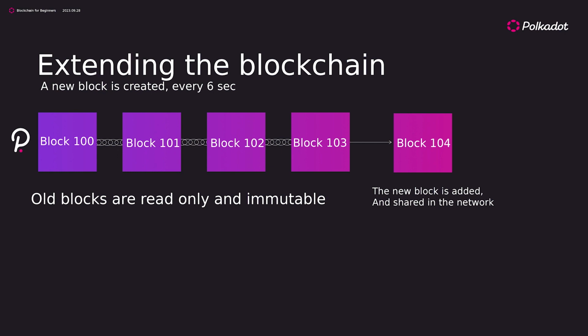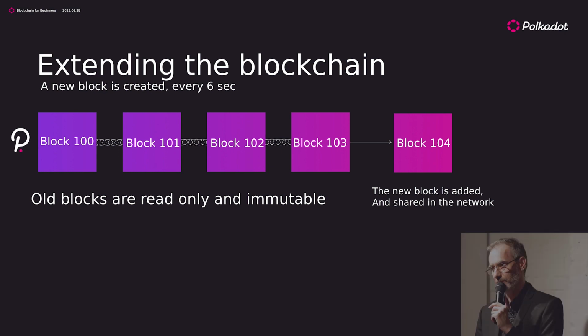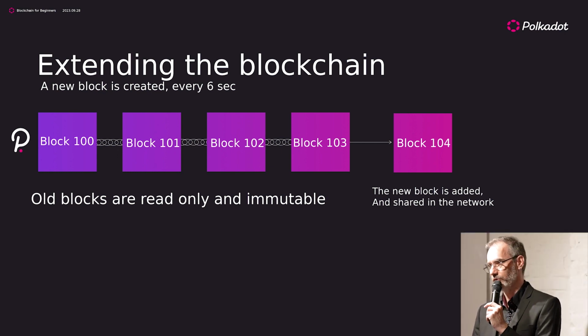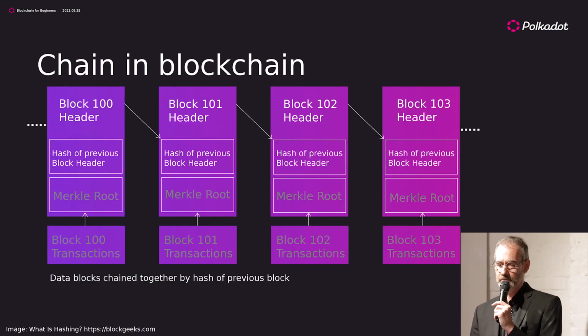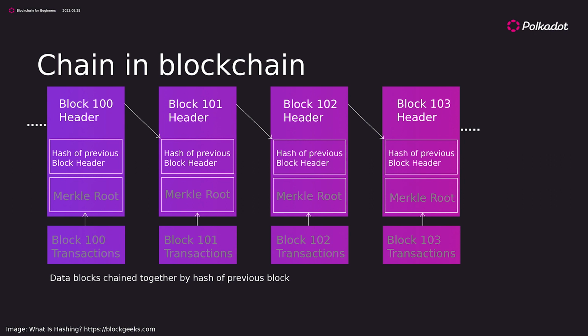Now the last open question is, what does this chain mean? How are the blocks chained together? Can someone not replace a block in the middle? Can I not just exchange block 102 for another where I have better stats or something? That's part of the technology that makes it extremely hard to change. At the very base, when a block is created, of all the stuff that's in the block, we create one hash that verifies that everything in the block has never changed.